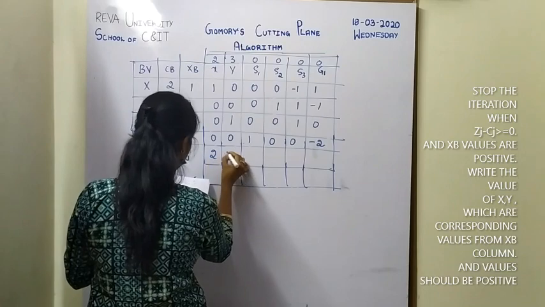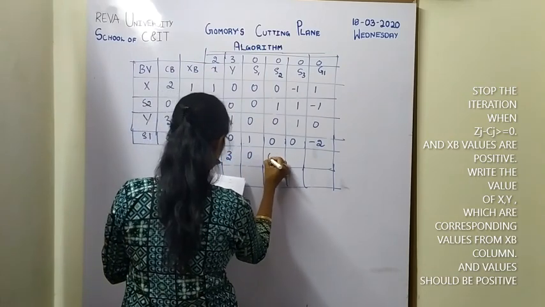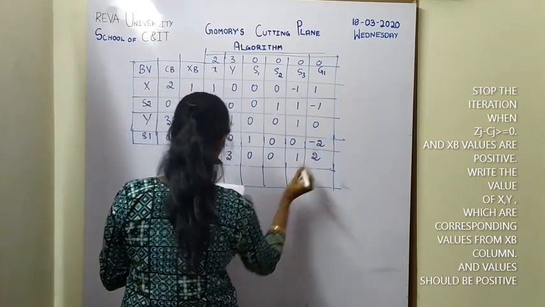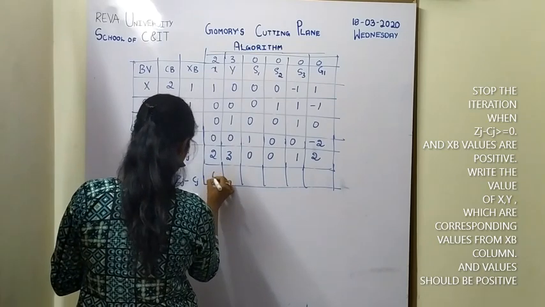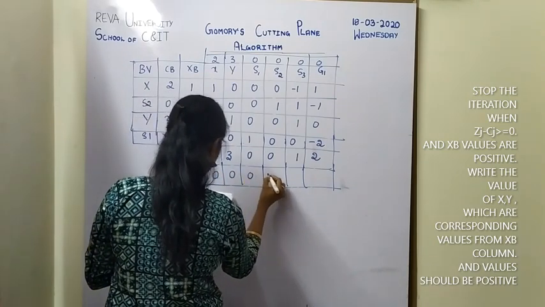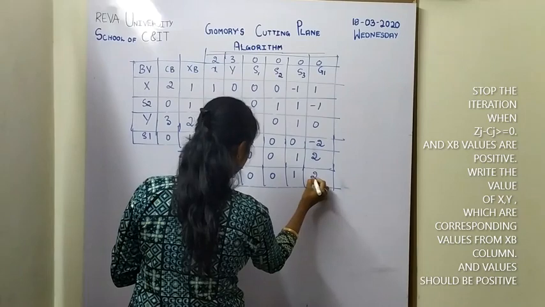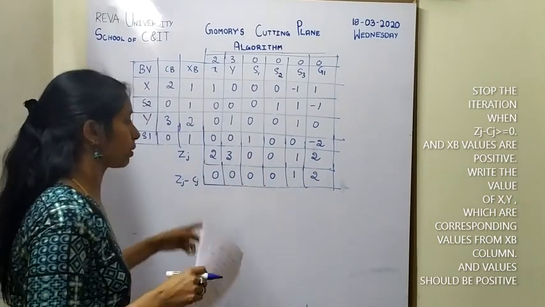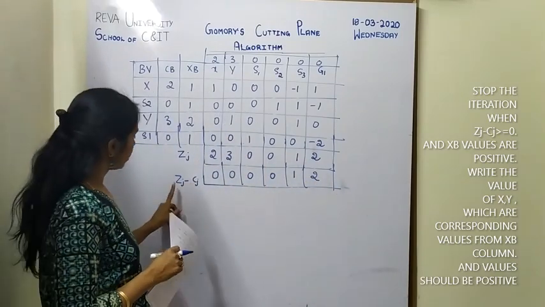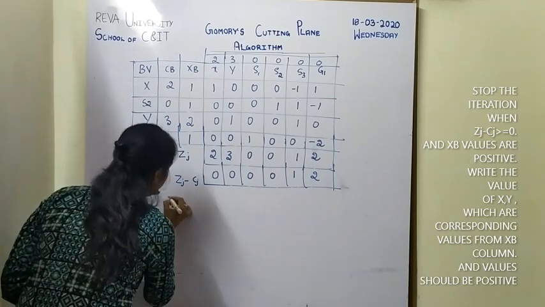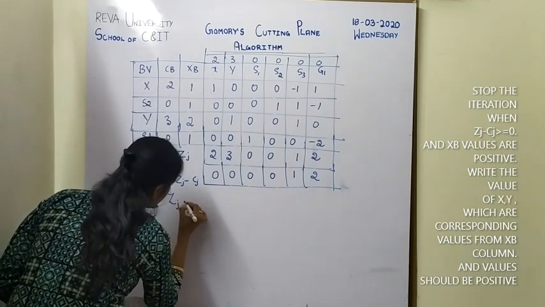Zj will be 2, 3, 0, 0, 1, 2, and Zj minus Cj will be 0, 0, 0, 0, 1, 2.